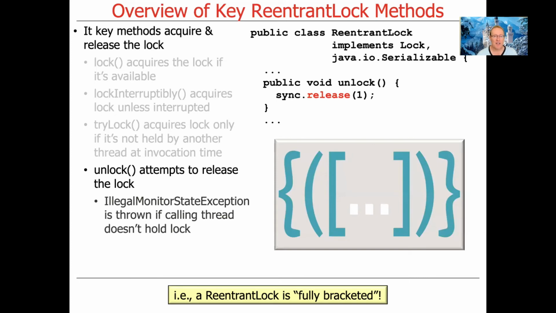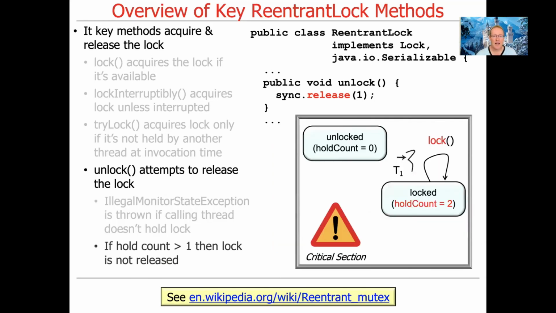Another way of thinking about this is that a ReentrantLock is intended to be used in a fully bracketed manner, meaning the thread that acquires it must be the thread to release it. Now, if the hold count is greater than 1, then the lock is not released. The hold count is simply decremented by 1.